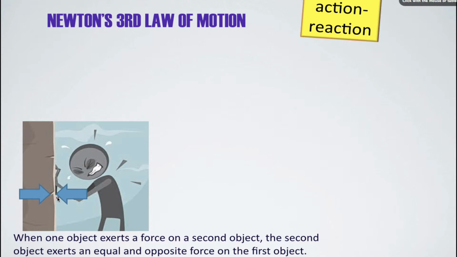You'd never just say, oh, the wall is applying a force back as well. But because you're pushing on there, say you're pushing with 20 newtons, that means the wall is pushing back with 20 newtons also. It's always going to be equal.